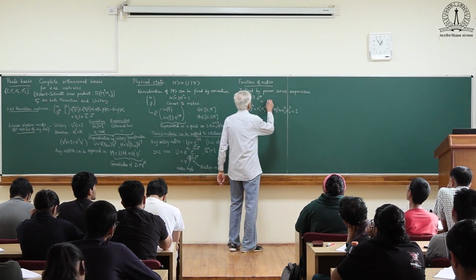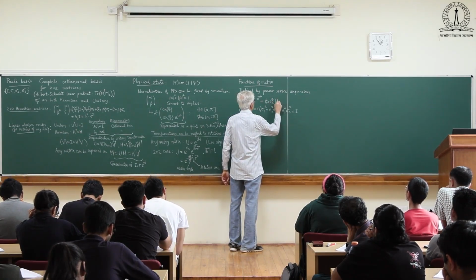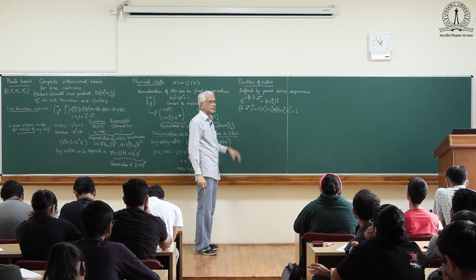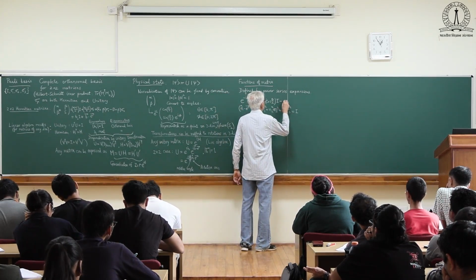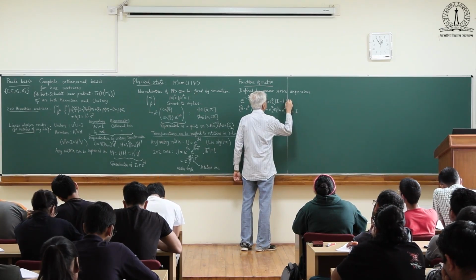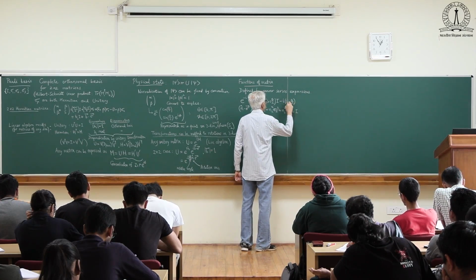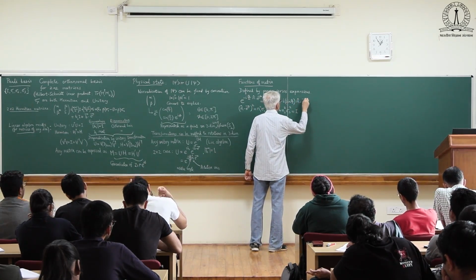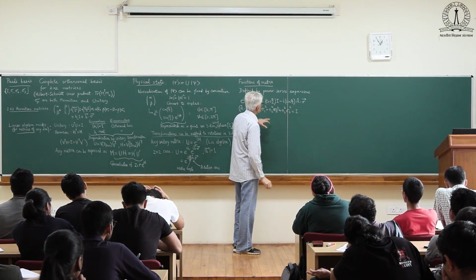So this is equal to all the even terms, this gives me cosine, and this i will survive. One factor will remain whenever there is an odd power.